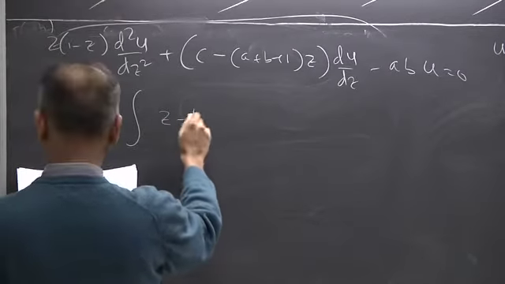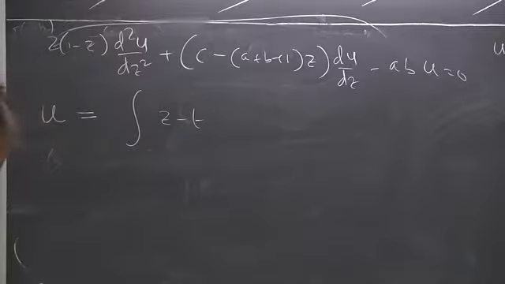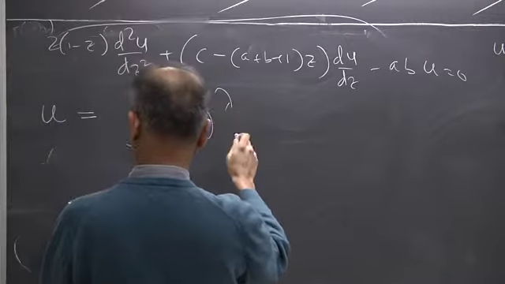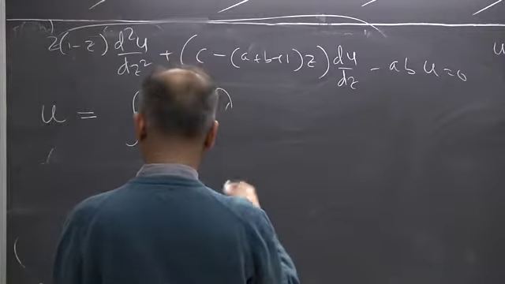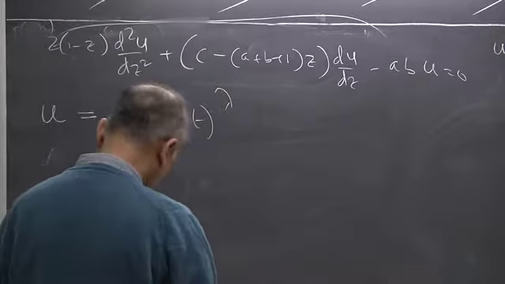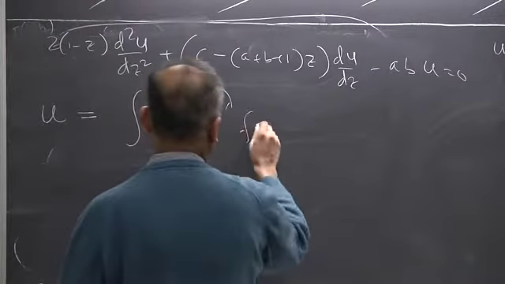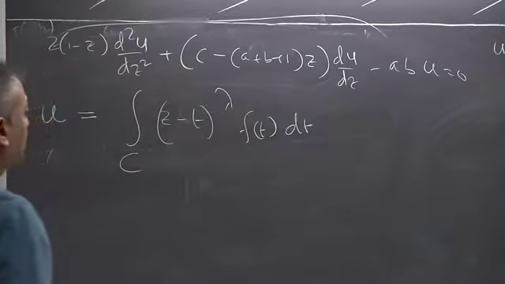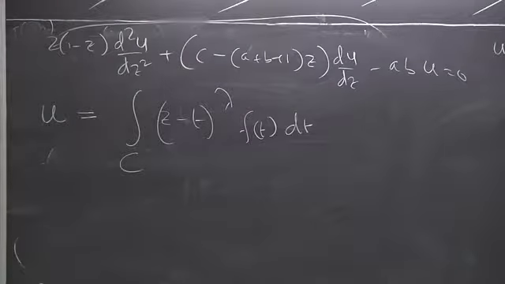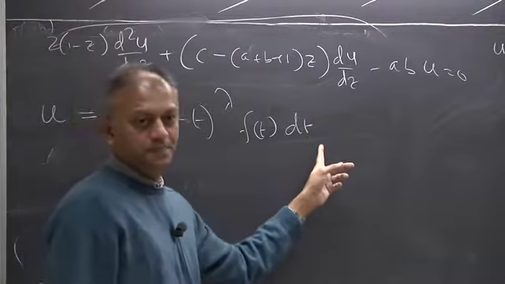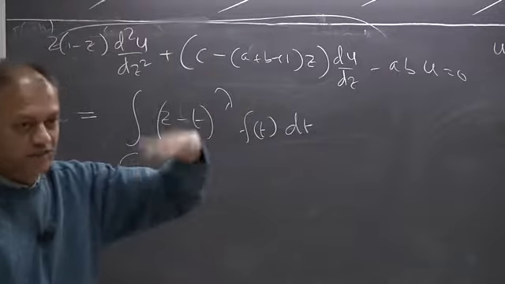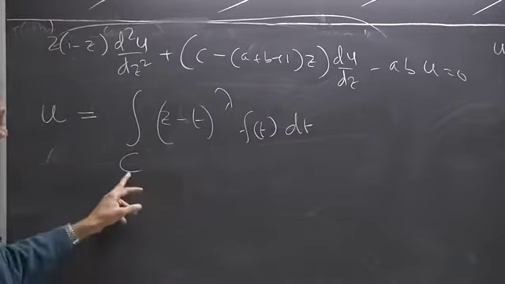So u of z equals the integral of (z minus t) to the lambda times some function, let's call it f of t, f of t dt over some contour. We have not specified what contour, but let's start with this kind of ansatz. So t is some complex variable, and I'm integrating over t in the complex plane of t, where C is some contour.